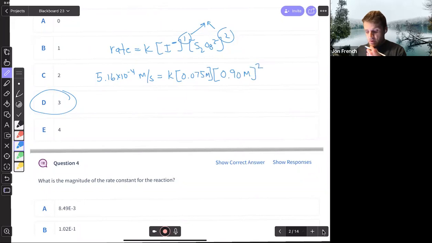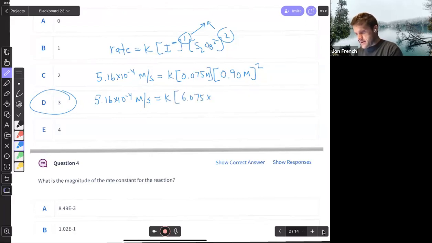That's all we have to do for question 4 to find the magnitude of the rate constant. I'm going to multiply the two concentrations, divide it across, and solve for our rate constant. So I'm going to square 0.9, multiply that by 0.075, divide that across, and I get 5.16 times 10 to the minus 4 molar per second equals rate constant times 6.075 times 10 to the minus 2.